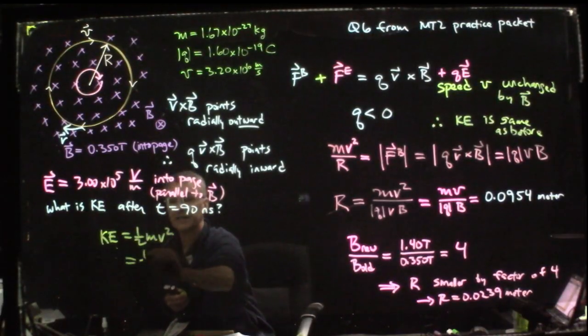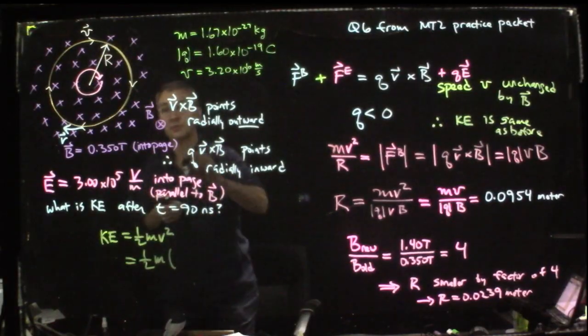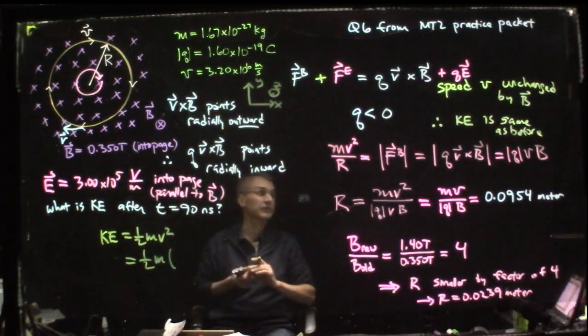So we can write that as 1/2 m. I didn't define a coordinate system before because I didn't think I needed one, but let's call this the y direction and this the x direction, and then here's the z direction pointing out of the board.